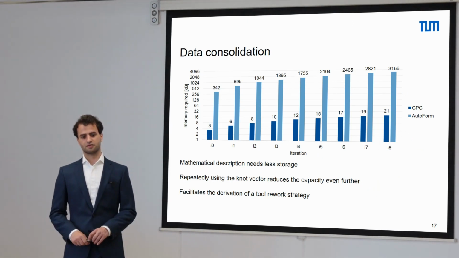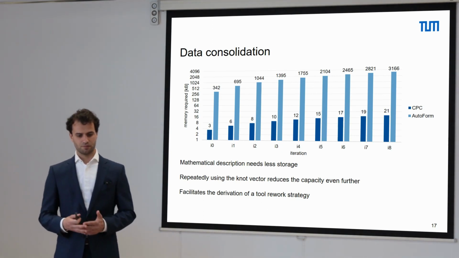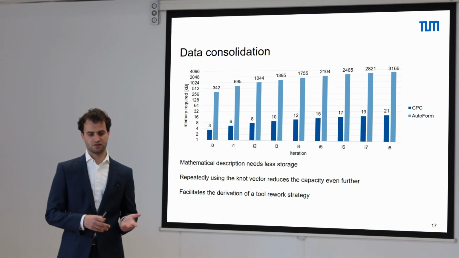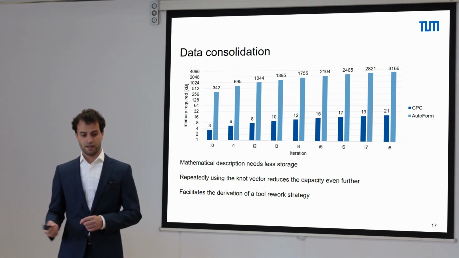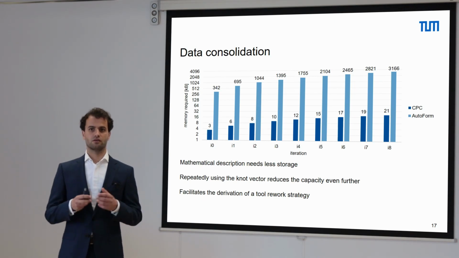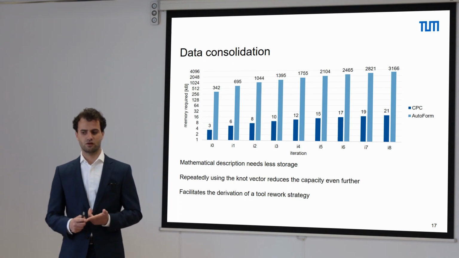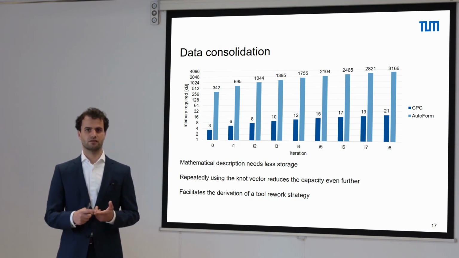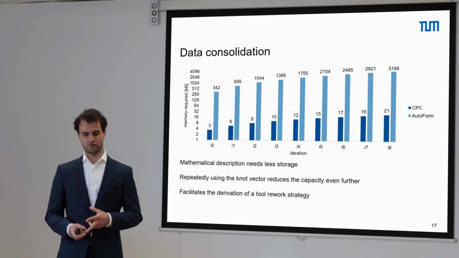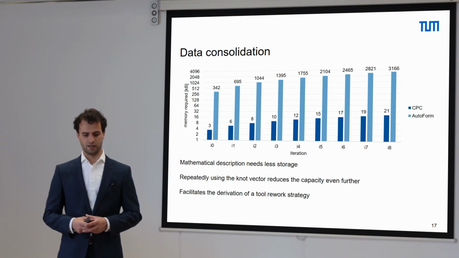But now let's take a look at the data consolidation. Because we use a mathematical description, we need less storage and have continuous data. And because we generate the knot vector and save the curve degree just once, we can reuse this knot vector and the curve degree in each iteration, which minimizes the needed storage as well.